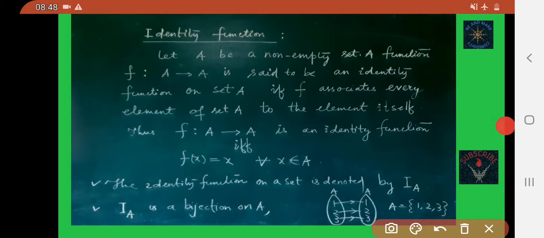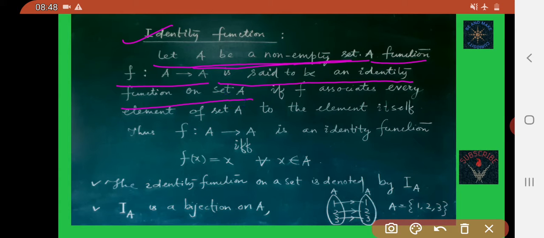Next, a brief introduction about identity function. Let A be a non-empty set. A function f mapping from A to A is said to be an identity function on set A if f associates every element of set A to the element itself.